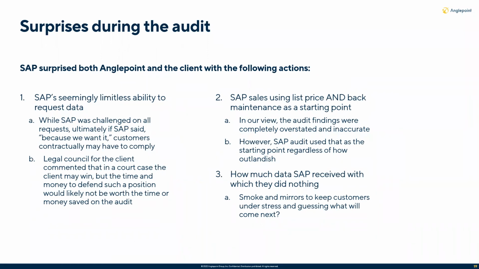We feel like some of it is smoke and mirrors, that they were collecting an immense amount of data when they only needed a few data points to get to indirect access licenses, in order to kind of confuse and not be particularly upfront about what their ultimate goal was. So just take it for what it's worth, but that was a surprise. It seemed like SAP collected an immense amount of data and didn't do anything with it. At least from our perspective, we didn't see them make any claims around licenses or anything based on the data that we ultimately provided to them.